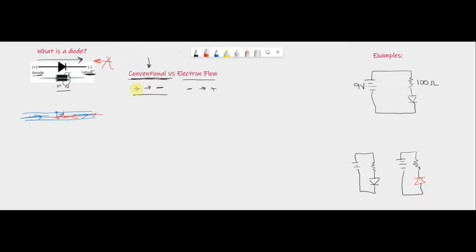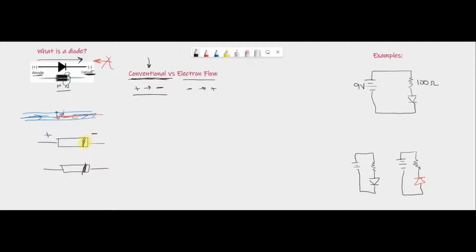Let's talk about a few other terms here. I'm going to draw two different diodes, and then we're going to discuss biasing. So here are two diodes. Let's just pretend they're the same. And let's say I hook up a battery to where this is the plus and this is the minus.